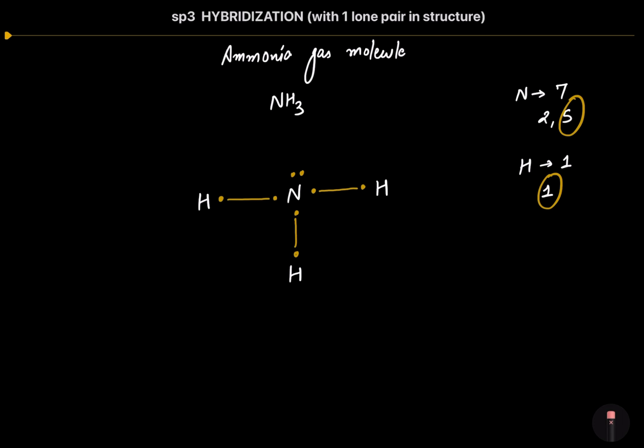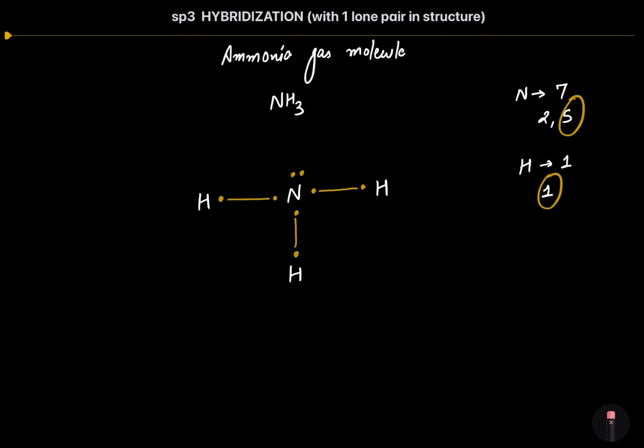Now the second hydrogen: that's the first electron and the second electron. That means the second hydrogen has also attained the duplet of 2 electrons. The same goes for the third hydrogen. That's the first electron and the second electron, so the third hydrogen has also attained its duplet after the formation of one bond with nitrogen.